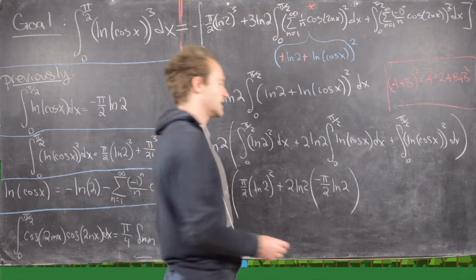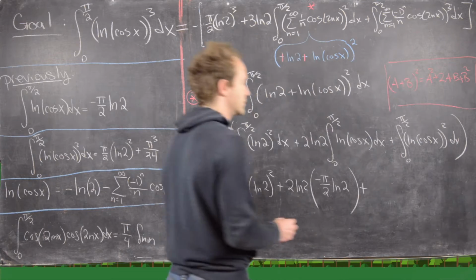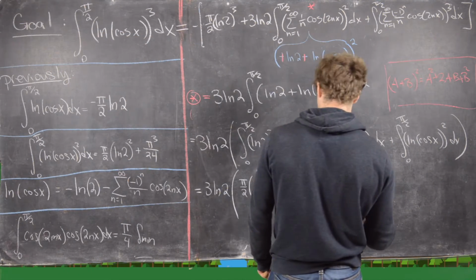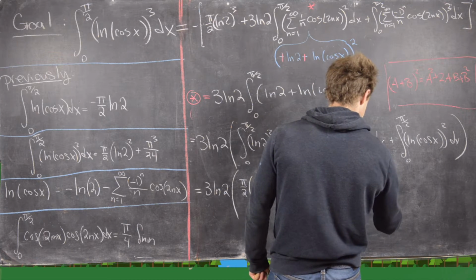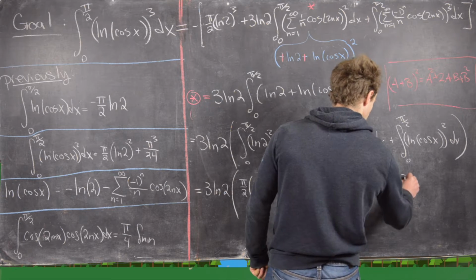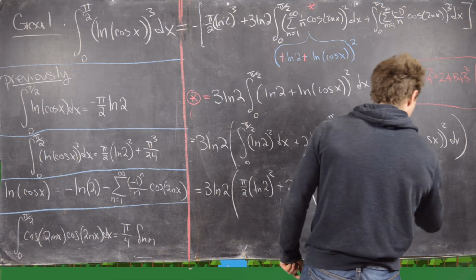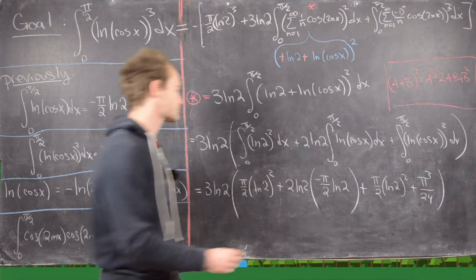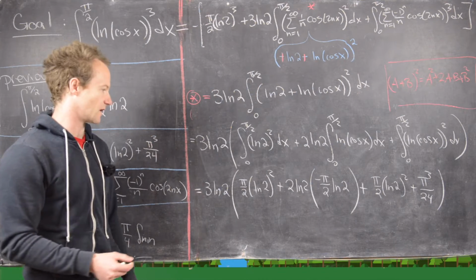Great. And then finally, this integral right here, which is natural log of cosine of x squared. That's going to be pi halves natural log of 2 quantity squared plus pi cubed over 24. So we get something like that going on.